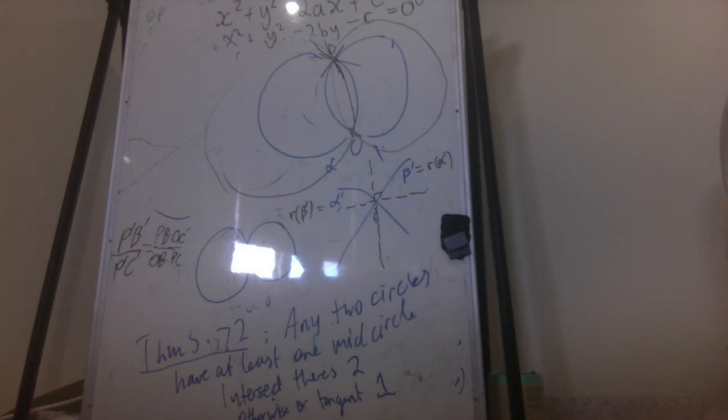And so you invert them into concentric circles, and if their radii are the same, they're inverted by the same circle, essentially. But then when you invert that back, no, I don't think that'll work.